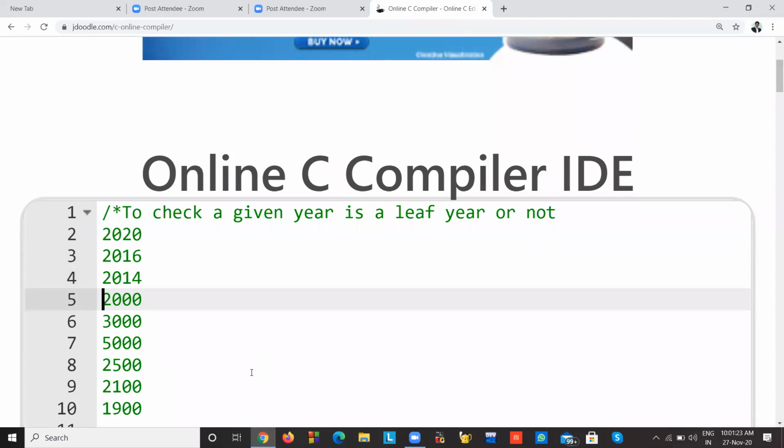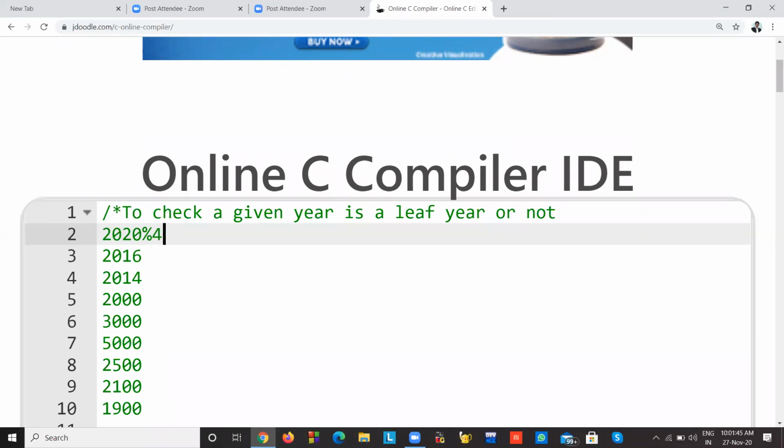Of course, we should know which is a century year and which is a non-century year. 2020 is a non-century year, so divide it by 4.